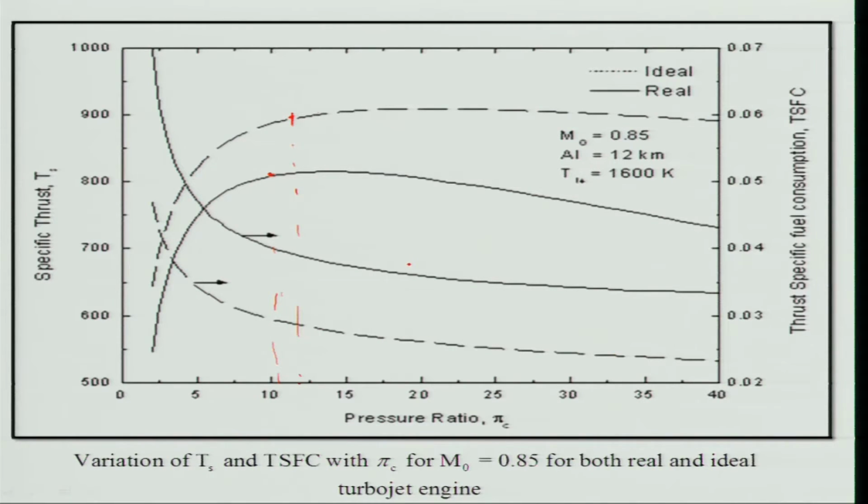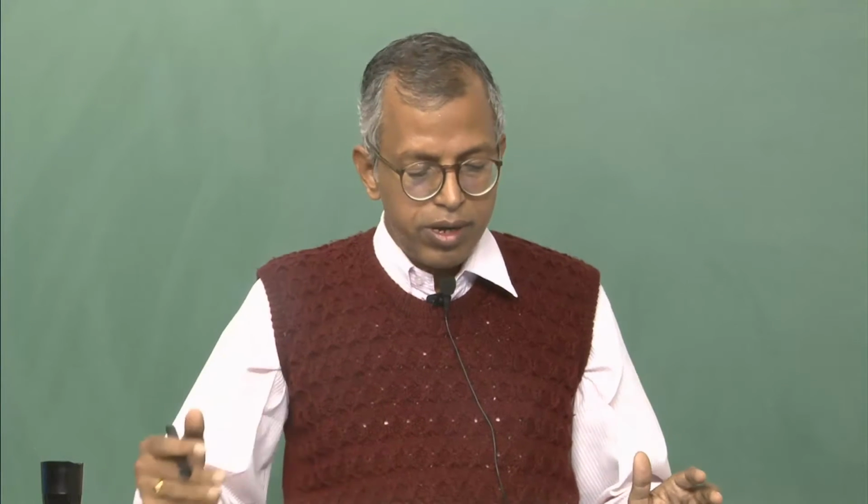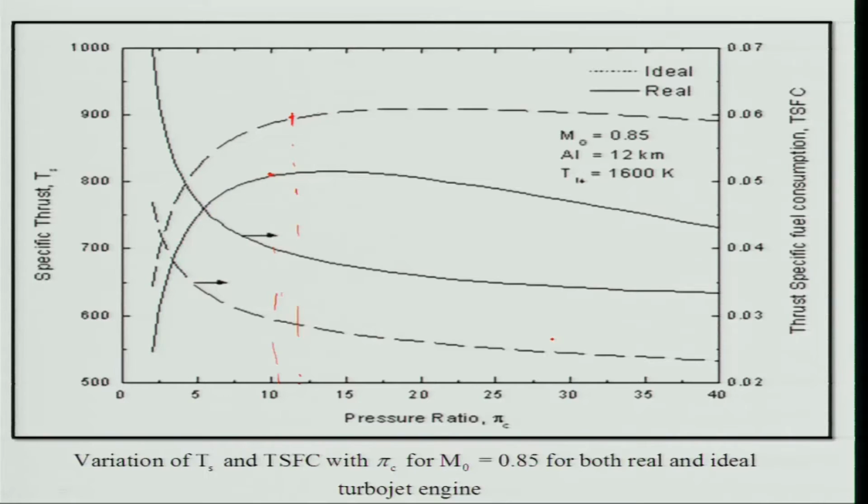However, the real will have higher TSFC values, because the TSFC shown in this case is much higher as compared to the ideal cycle, which is obvious. As I told, the combustion efficiency will be lower and you need to burn more fuel to have the same kind of thrust. The reality is that the ideal cycle will give you low TSFC as compared to the real cycle.